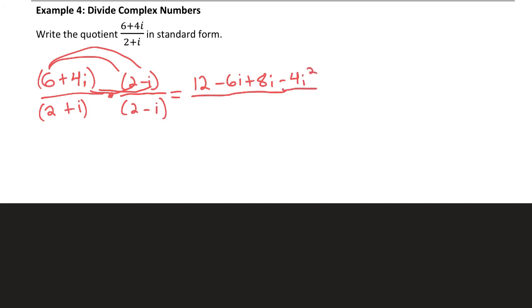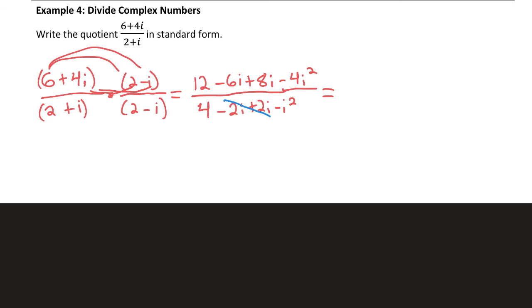So that's that double distribution we talked about earlier in this unit. The bottom becomes 4 minus 2i plus 2i minus i squared. And the whole reason we do this with the conjugates is because these i's cancel on the bottom. They become 0. So all that's left right now is a lot of simplifying, okay?